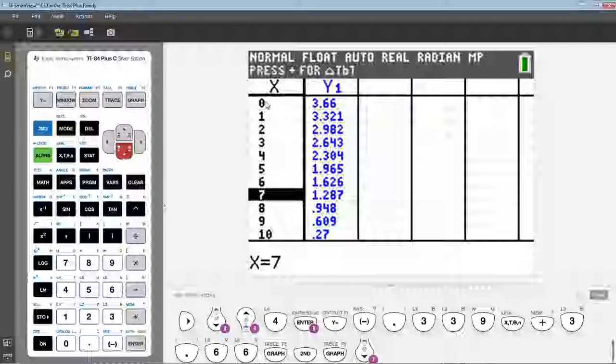So here this is pounds of beef, and the y value that's associated with the 7 pounds of beef is 1.287. Okay, now as we did before, we have to round all intermediate values to 3 significant digits.